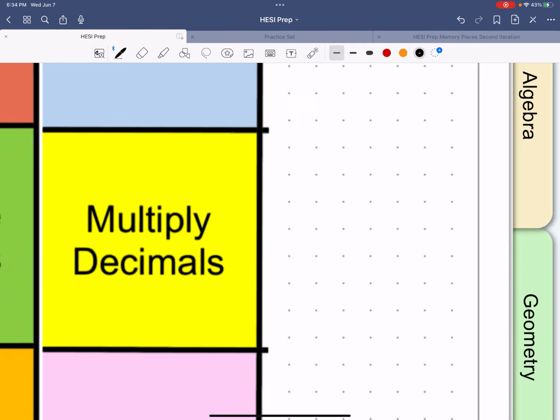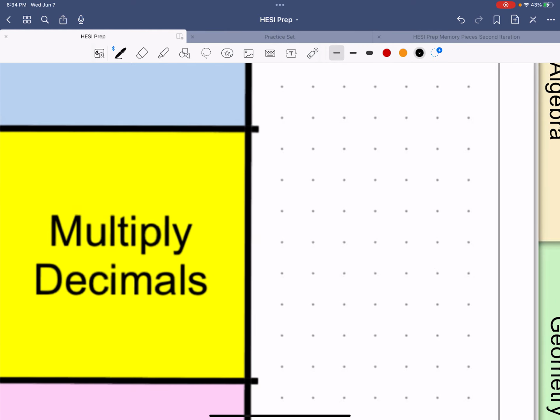To multiply decimals, let's find the product of 3.01 and 0.12. On this one, it doesn't matter how you line them up, other than we need to line them up to be multiplied.